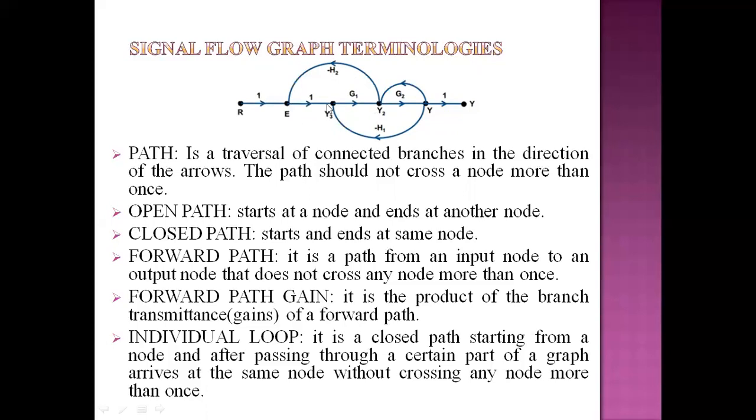Multiplying the gains in the closed path gives the closed loop gain. Multiplying all the gains in a forward path gives the forward path gain. In this signal flow graph, starting from R node to node Y, this forms a path. Here, multiplying G1, G2 and the other gains in this forward path will give the forward path gain.